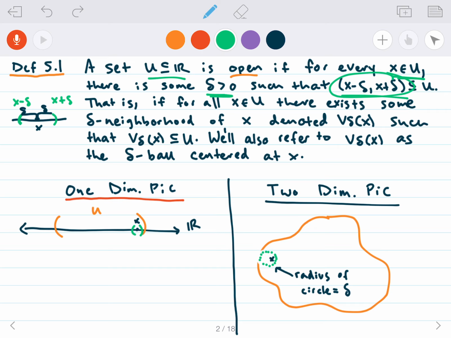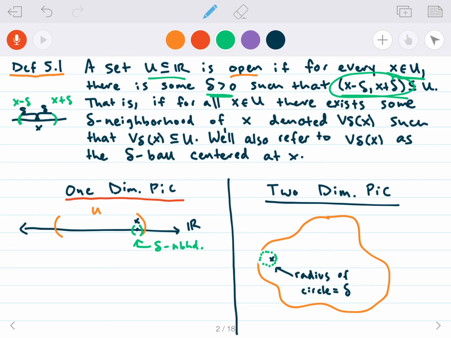And so what this definition of open means is that I can always find some positive delta, no matter how small, so that when you center x in that little delta neighborhood, it's always going to stay within the set. I have that picture here. I have this green as my delta neighborhood.